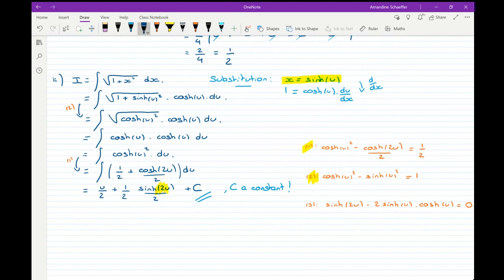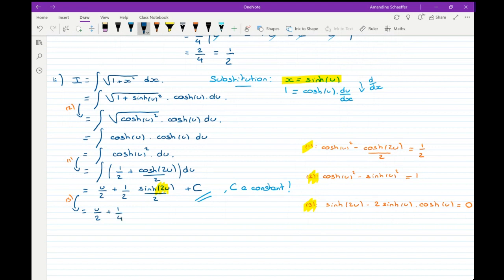So of course we're going to use something from the hint, because we have a formula for sinh of 2u. Let's go back here. This time I'm going to use the third hint. Let's keep u so far, so that's 1/4.